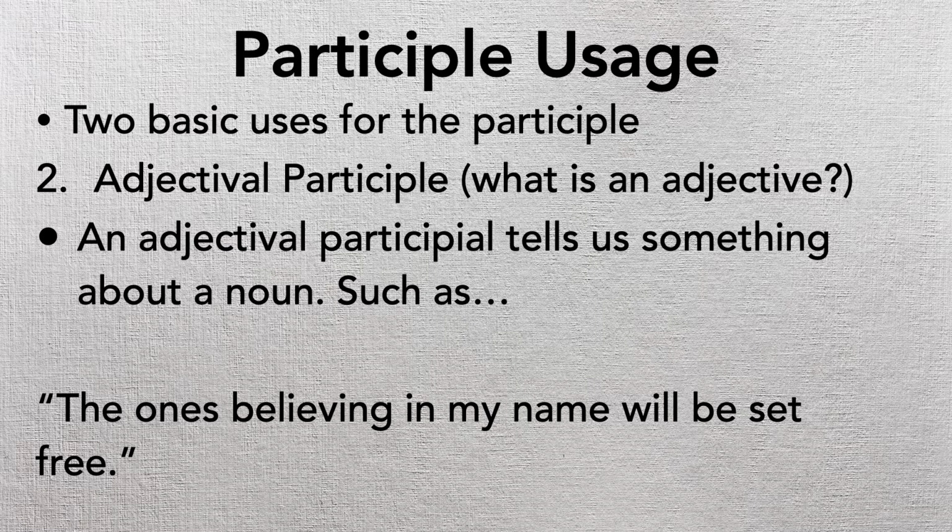Can you see the participle in that sentence? Yeah, it's believing. And what noun is it working with? The one right before it, the ones. So that phrase, the ones believing, that whole thing is like the participle idea, okay? And we'll talk about that here in just a little bit, okay?